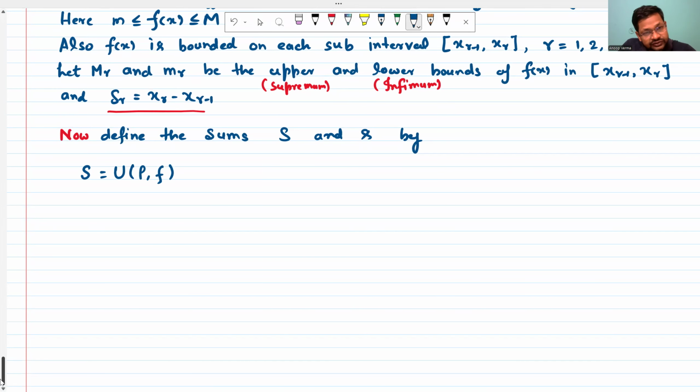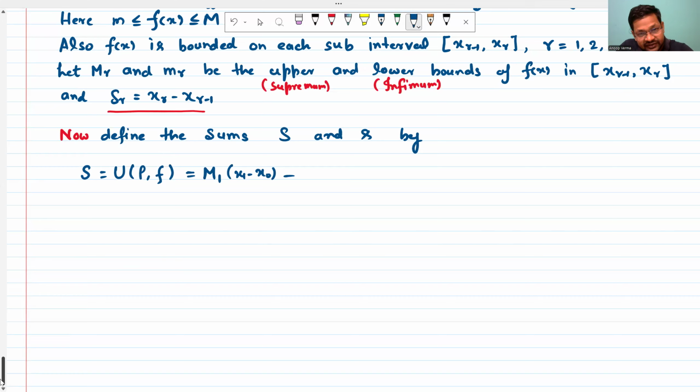What we are doing is multiplying this capital M1, the supremum of the function in that interval, with the length of the interval.